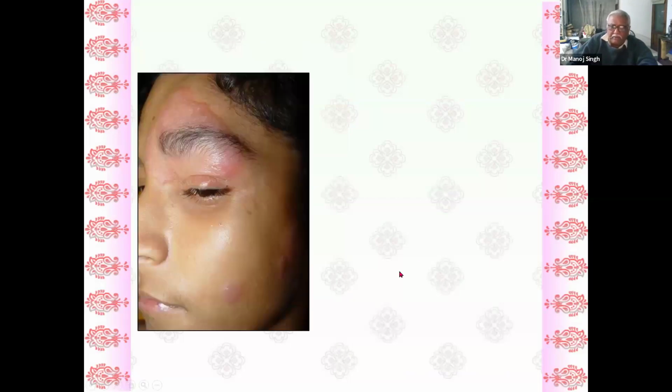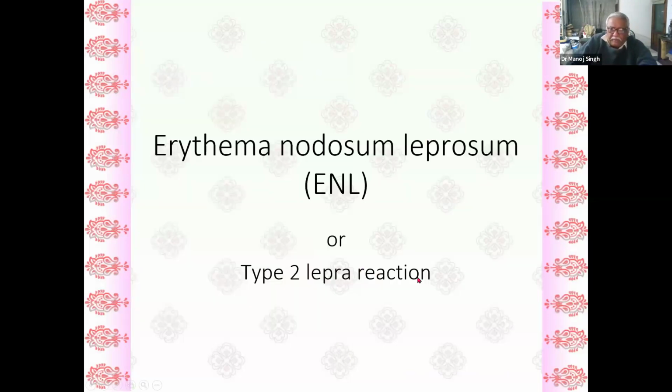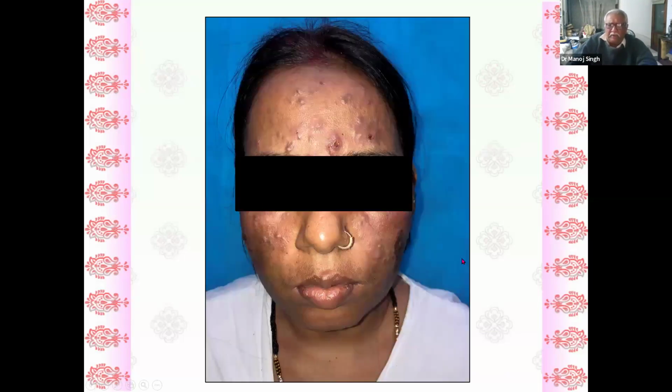Lepra reaction, the only thing which I'd like to mention, Dr. Malathi has already mentioned this, whatever type of lepra reaction you're dealing with.